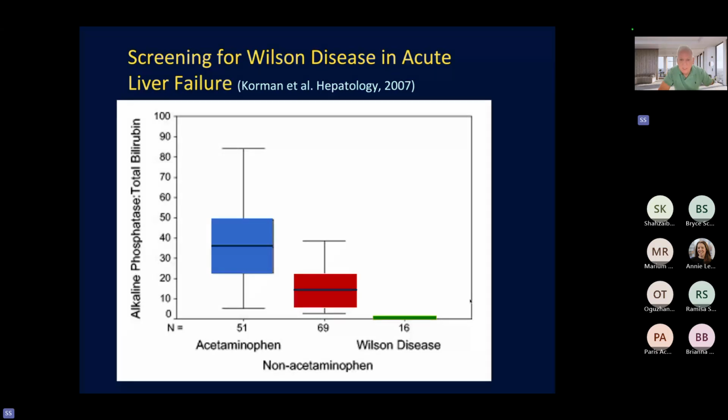In the middle is non-acetaminophen liver failure, and to the right is Wilson disease liver failure. And look at this. There is no overlap, none at all. Patients with Wilson disease are a separate category in and of themselves when they present with liver failure. They will all have an alkaline phosphatase to total bilirubin ratio less than 4.